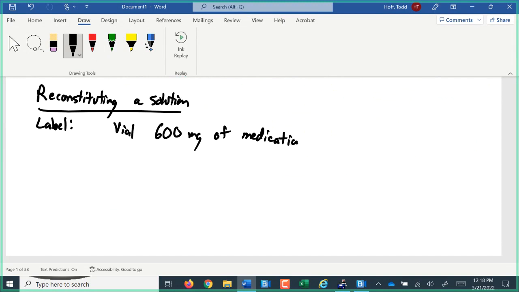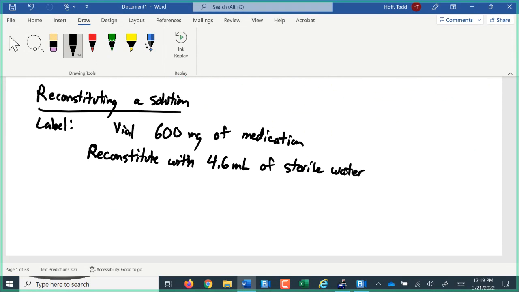It might say concentrated heparin or concentrated whatever. And the instructions were reconstitute with 4.6 milliliters sterile water.